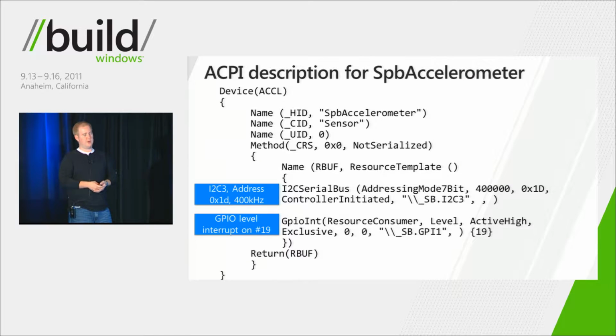So this is where the system builder fills in this information. In this case, we're using I2C controller number 3 with an address of 1D running at 400 kilohertz. And then the GPIO is a level interrupt that triggers when the line goes high, and it's on pin number 19.